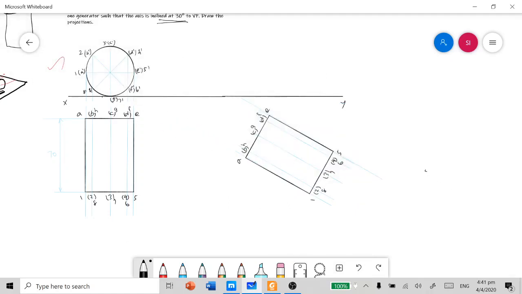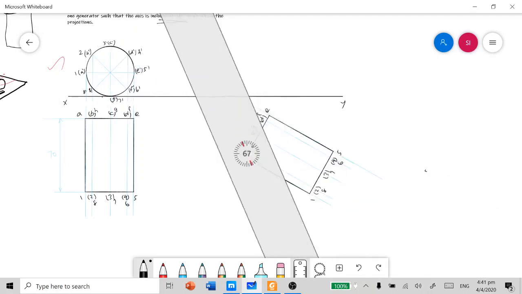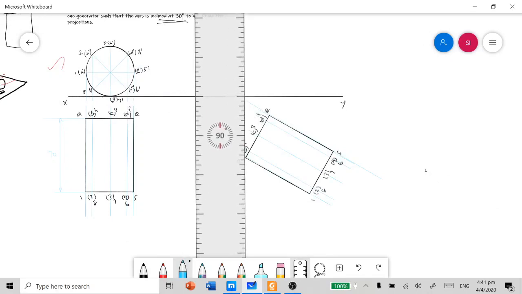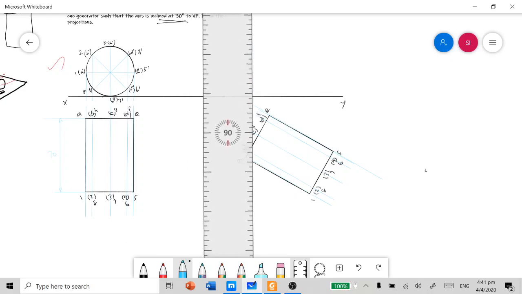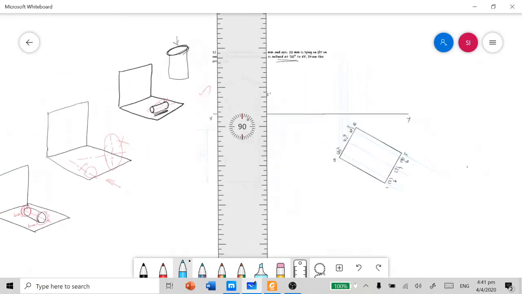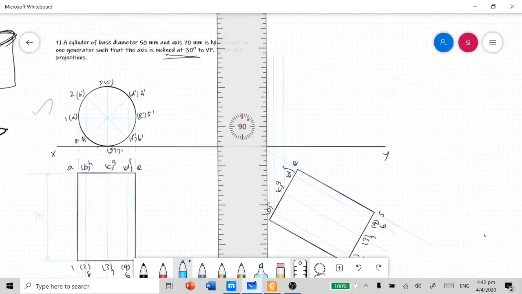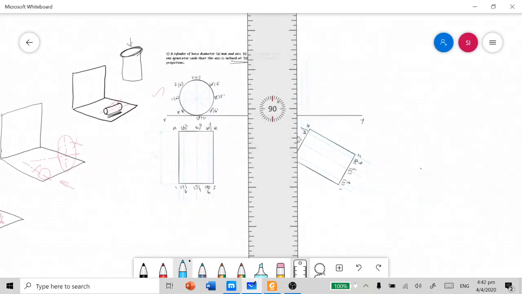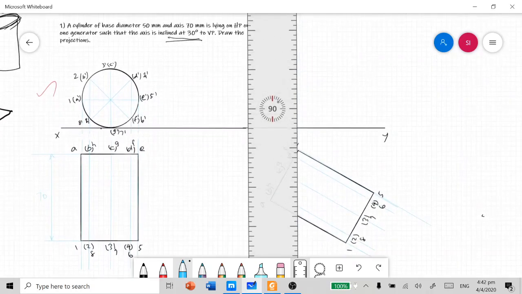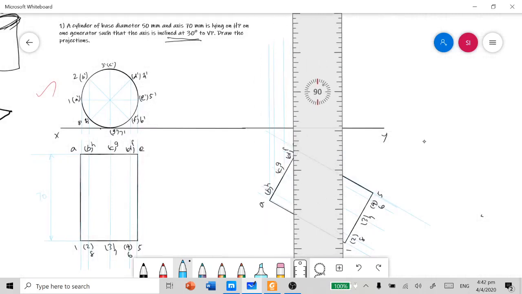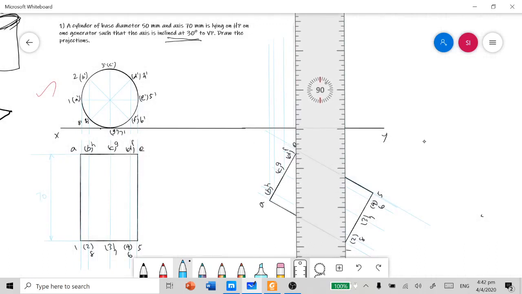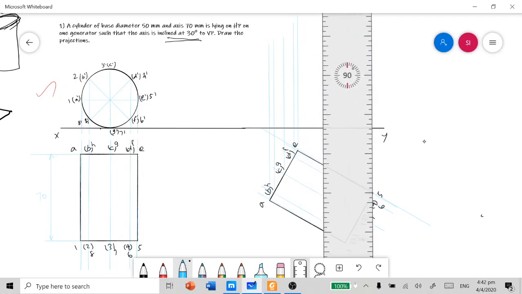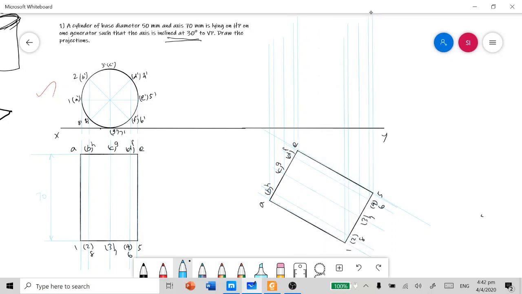Now as usual, you have to project each and every point in the base and face towards the front view. And then from the previous front view also.